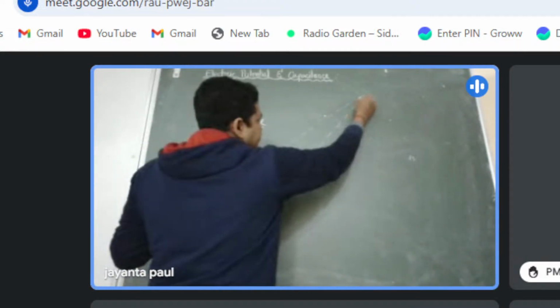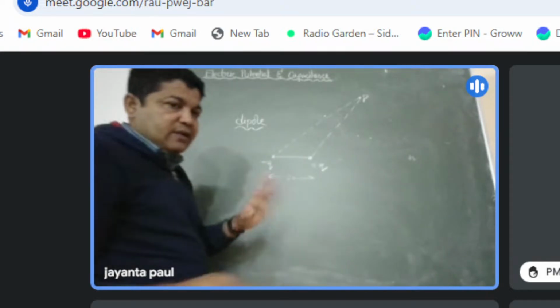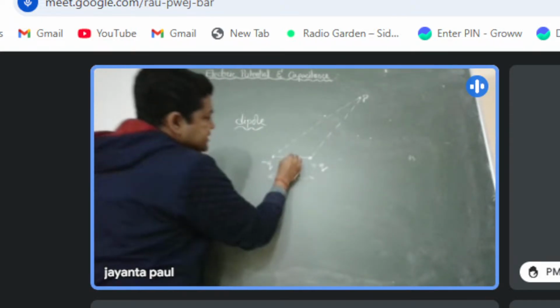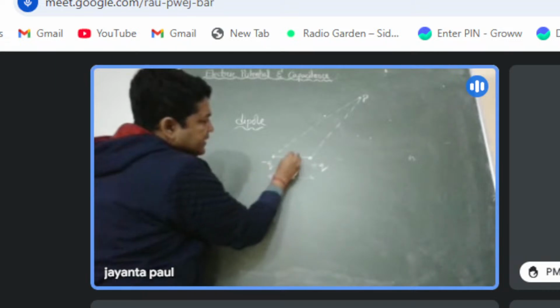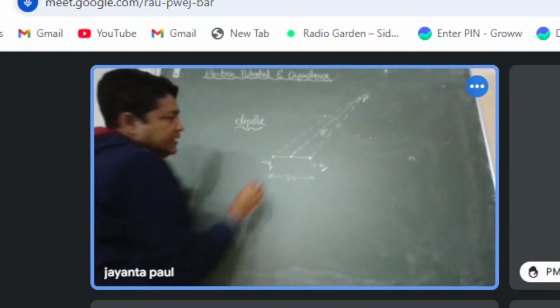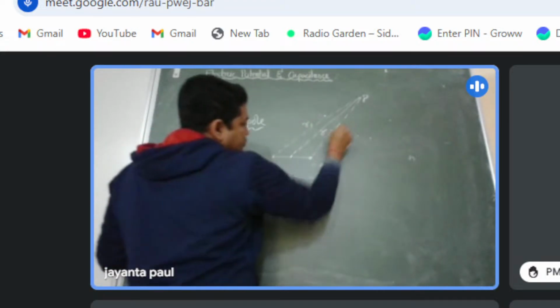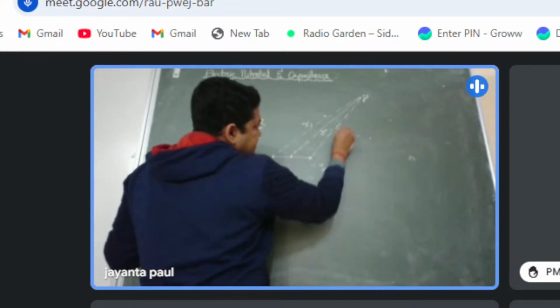Suppose at any arbitrary point, if we want to find the electric potential, not intensity, say this is the center. From the center, suppose this P is at a distance r, and from the charge minus q, it is at a distance r1. From positive charge, it is at a distance r2.